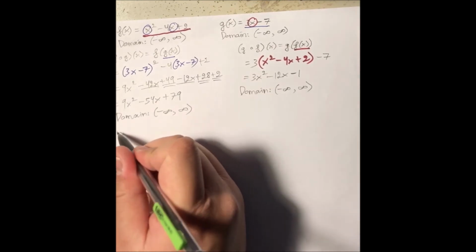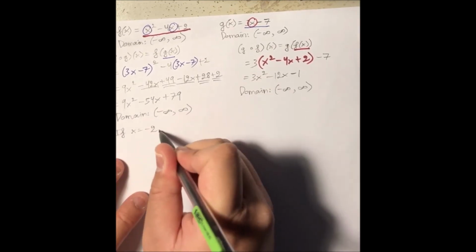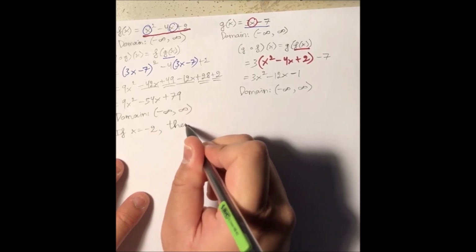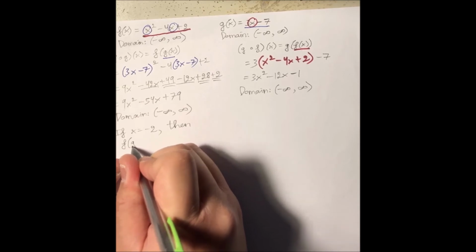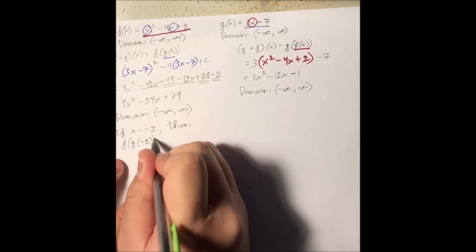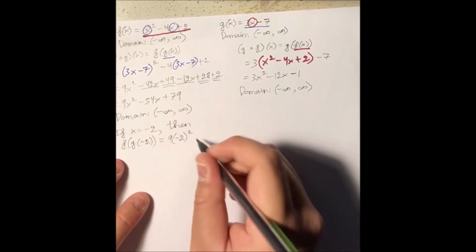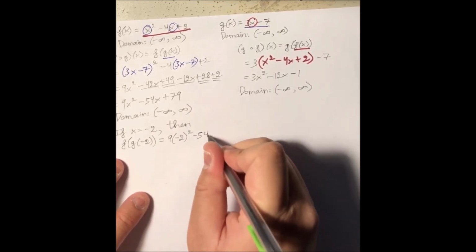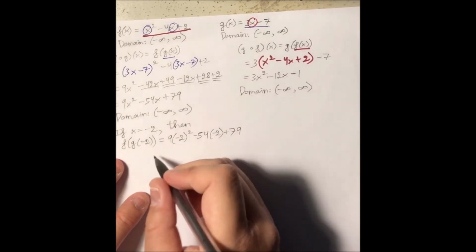Okay, now lastly, if x equals -2, then what? Then f of g of -2 is equal to 9 times -2 squared minus 54 times -2 plus 79.